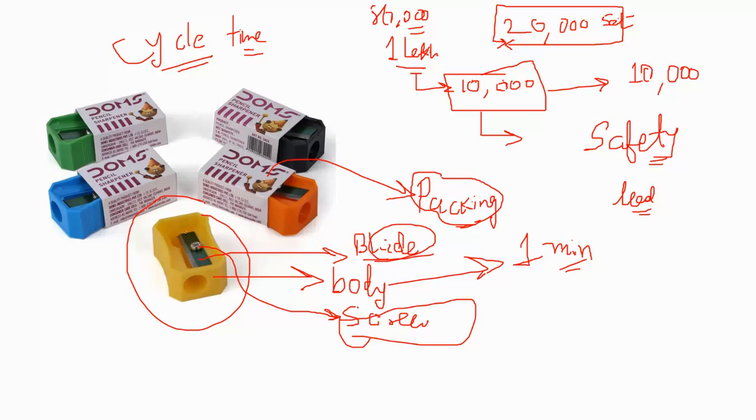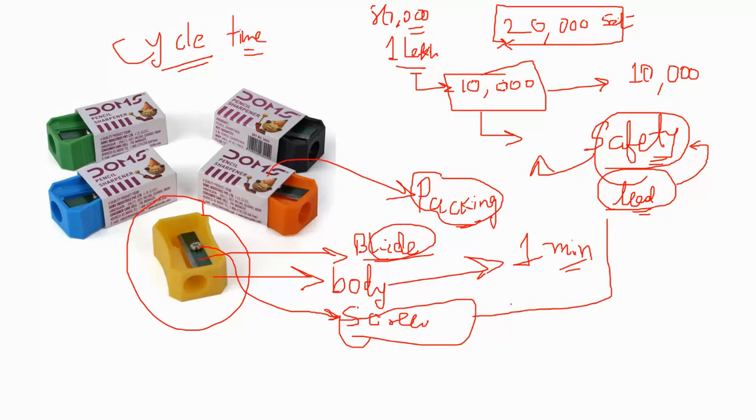This blade is not directly available; he has to cut it from the sheet, and that sheet he has to purchase from somewhere. So he also requires some lead time. Based on that, you have to maintain a safety stock, so that you do not lose your 10,000 per week supply.